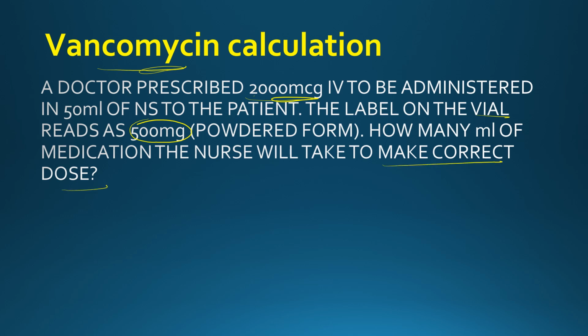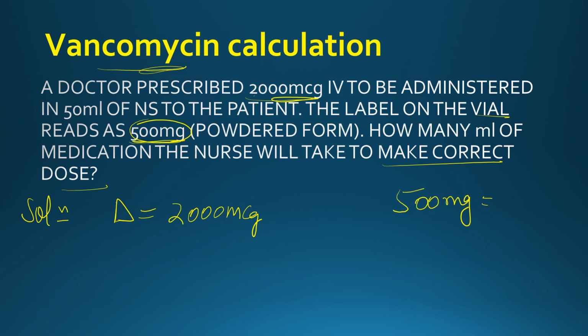Okay. So what we have been given, let's write that. First is desired dose, which is 2000 mcg, microgram, and the vial is of 500 mg. So for easy calculation, we will dilute this 500 mg in 50 ml of NS.